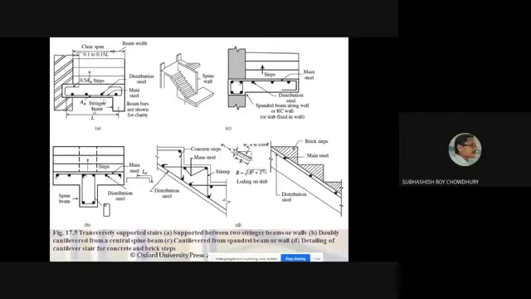Now just try to understand here, it is a very good picture. Ast is this one. Whatever steel you are providing in this direction is the main steel. Which one is the main steel? I asked yesterday: in case of a one-way slab, the steel reinforcement that you provide in the spanning direction is the main steel, and in the other direction the distribution bars are provided, which is not the main steel.